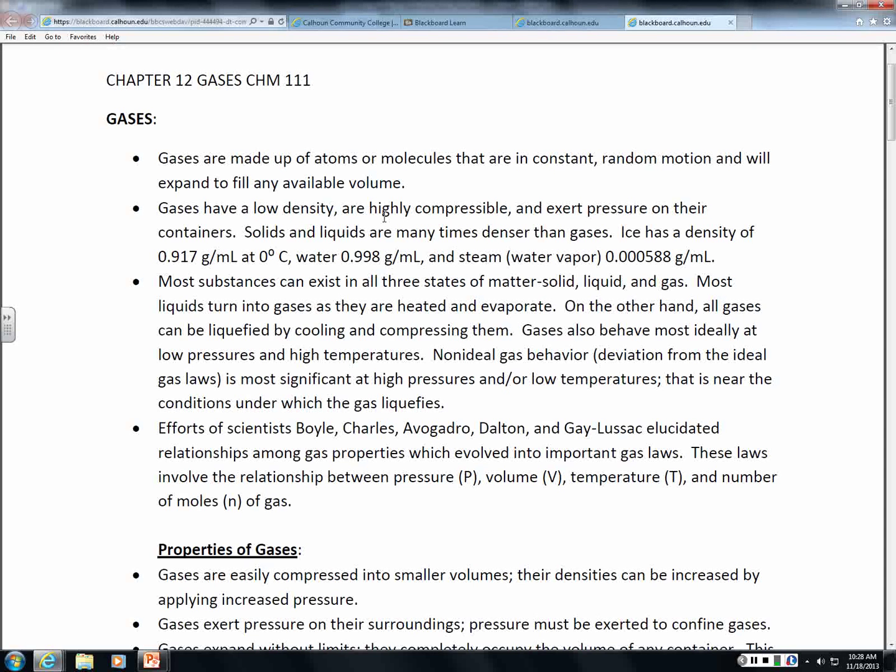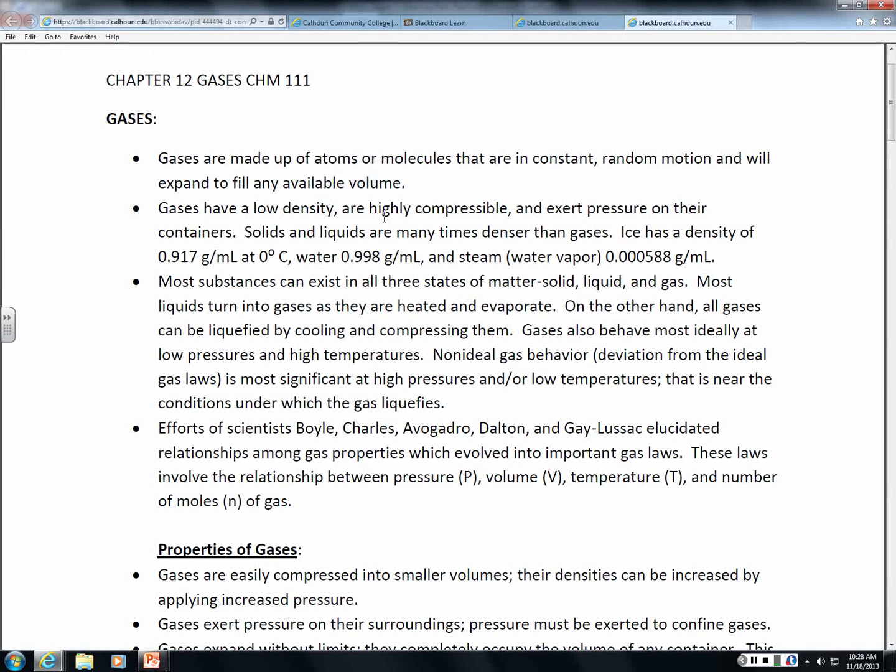Gases behave a lot differently than our solids and liquids, so we have to look at different conditions, different variables when we're dealing with gases. We're going to go through all these laws in a little while. But one of them is that gases exert pressure, so we have to take into account the pressure involved with the gas.